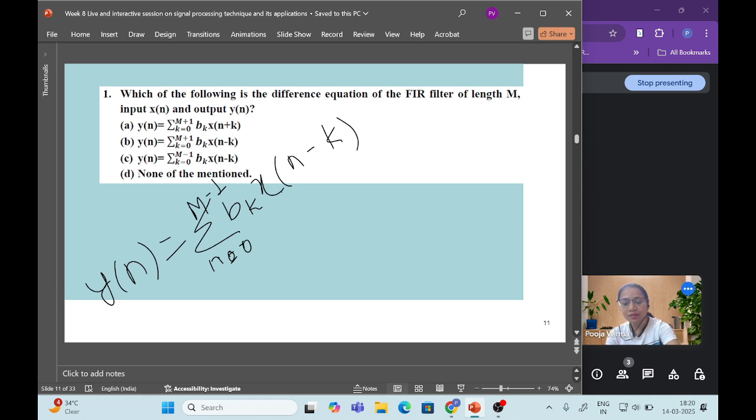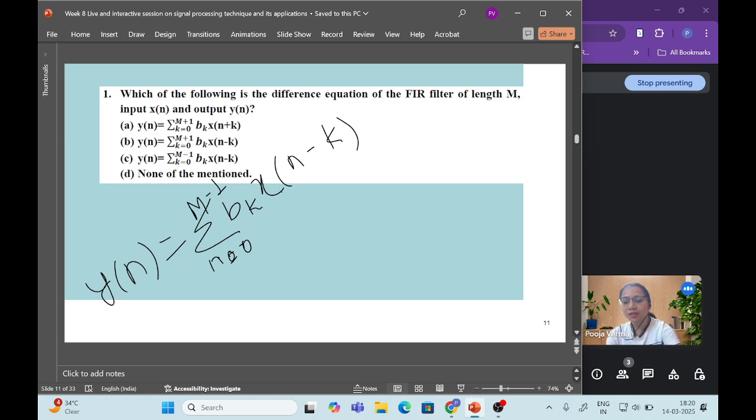We have seen it in the frequency domain, so you can convert it. When you convert it into the frequency domain or Z transform, you will get that form, but here they have asked in the time domain only, so that's why I have written this equation.